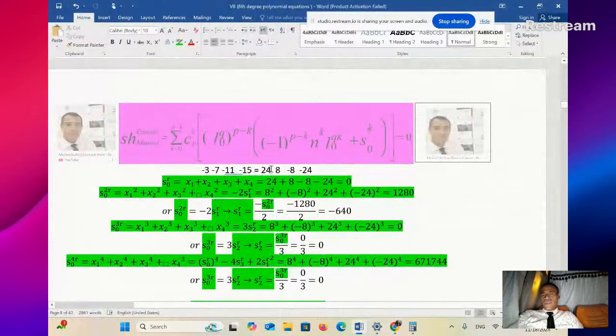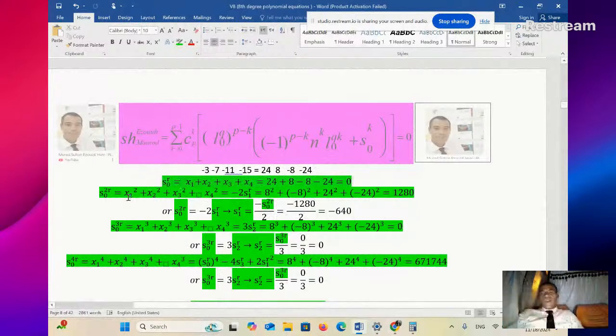Therefore, the sum of the x roots is going to be 24 plus 8 minus 8 minus 24, simply because S0 of the r equals x1 plus x2 plus x3 plus x4, which is equal to 24 plus 8 minus 8 minus 24 equals 0. This is the sum of the x roots of this fourth degree polynomial equation that is obtained from the eighth degree polynomial equation. Now I'm going to square the roots.